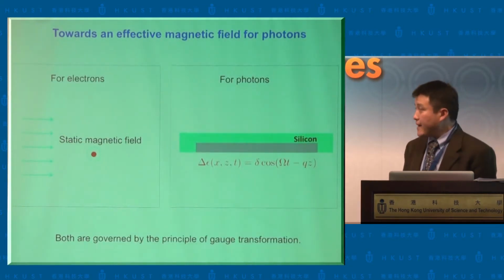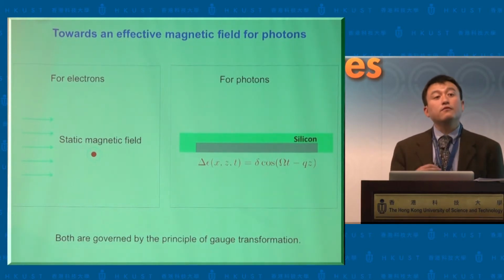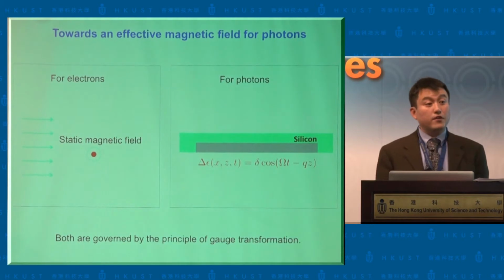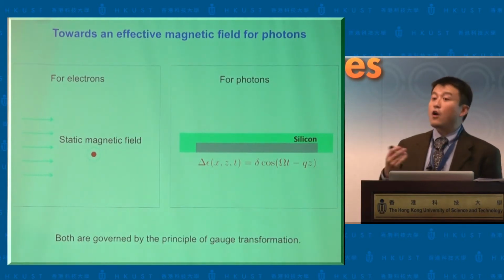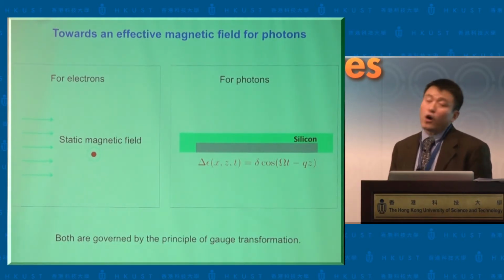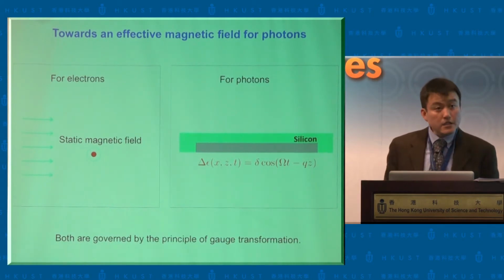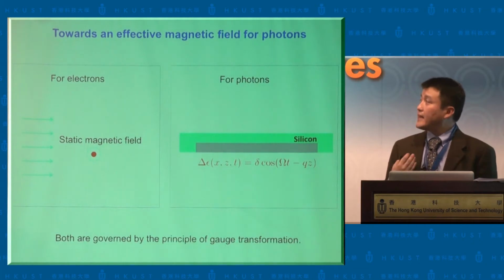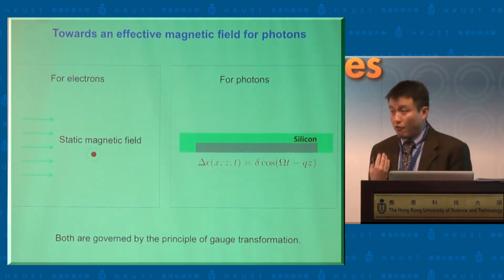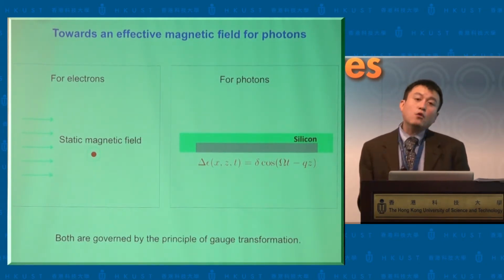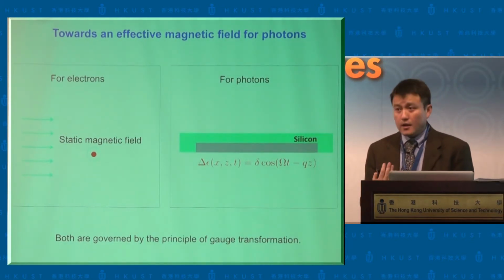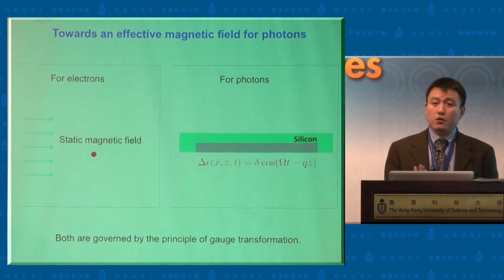So again, there are many very interesting effects in terms of electron that you can do with magnetic field, one of them being a Lorentz force, and the other one being quantum Hall effect, as CT just mentioned. And being able to do so, creating an effective magnetic field for photon, would then allow you to probe a very wide range of photon physics that you would not otherwise be able to do.